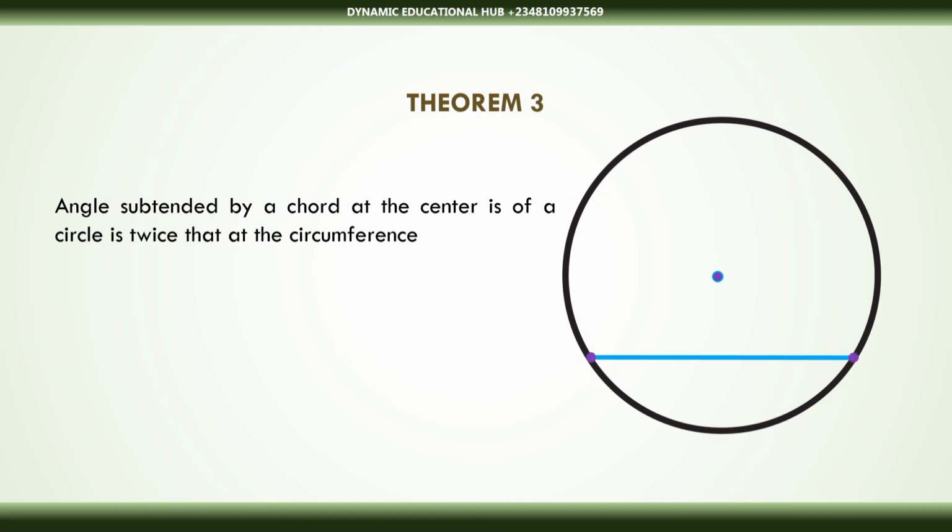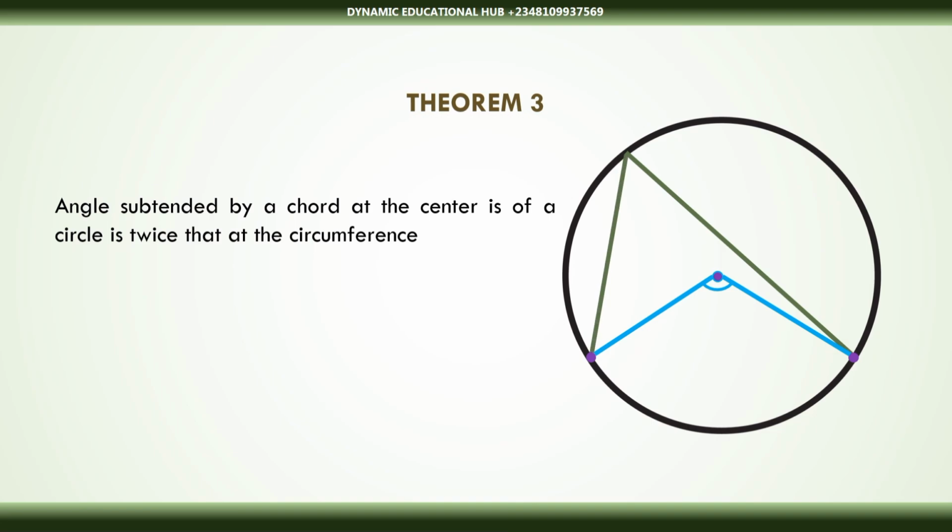Now this is the two ends of that chord. If you remove that chord and you try to join the two ends with the center of the circle, an angle will be subtended, will be formed at the center. Now this theorem is not telling you that whenever you have something like this, at the same points, lines are extended from the same points and they form other angles at the circumference.